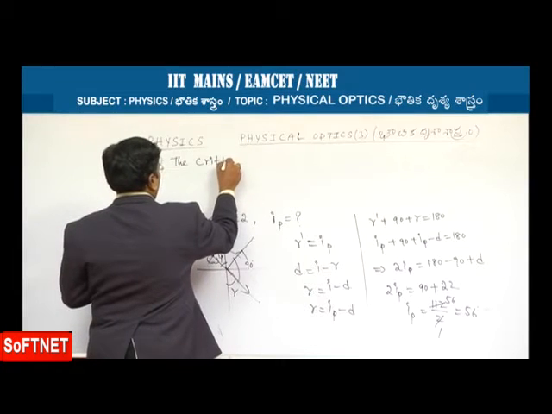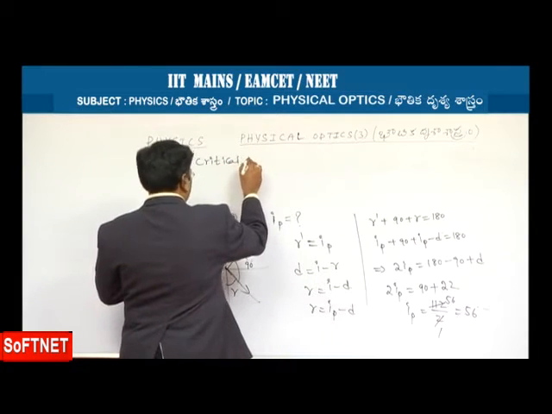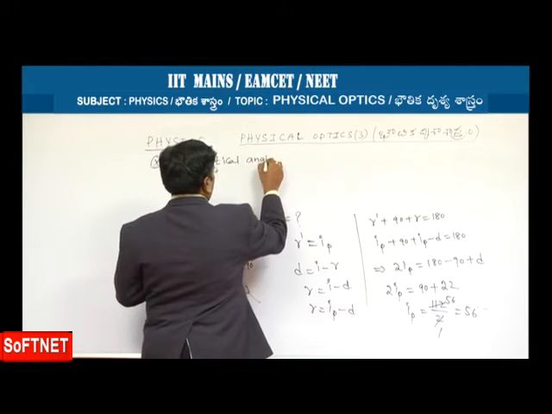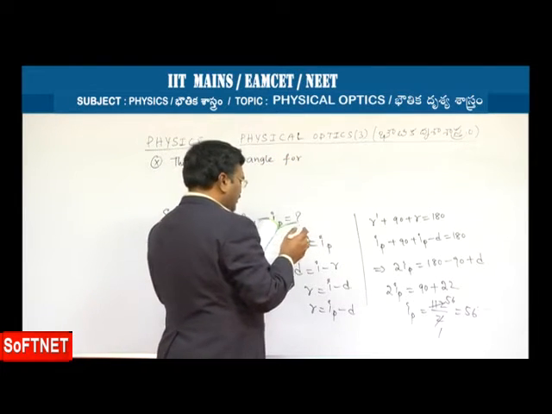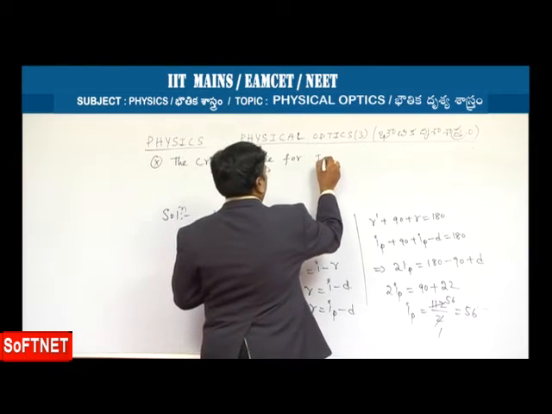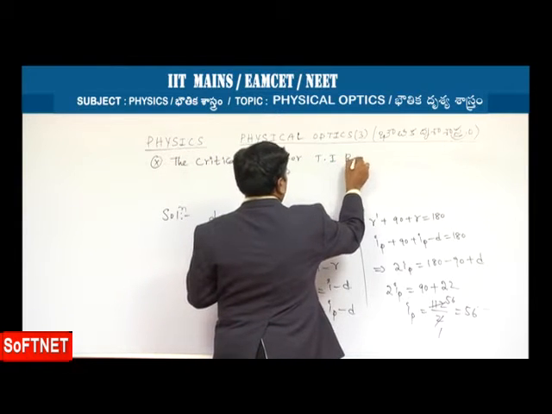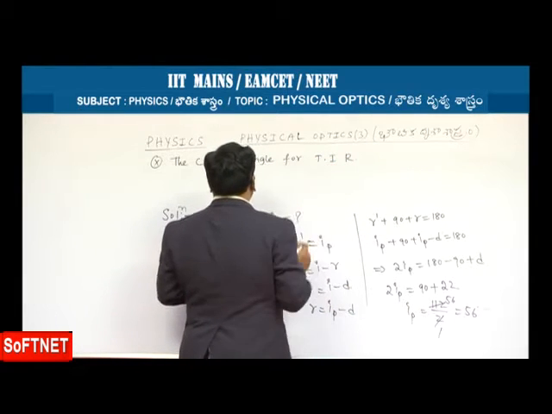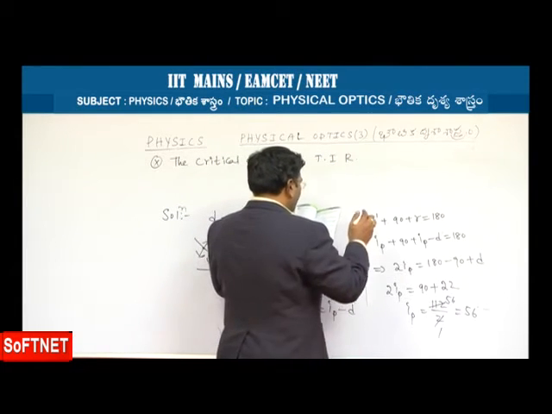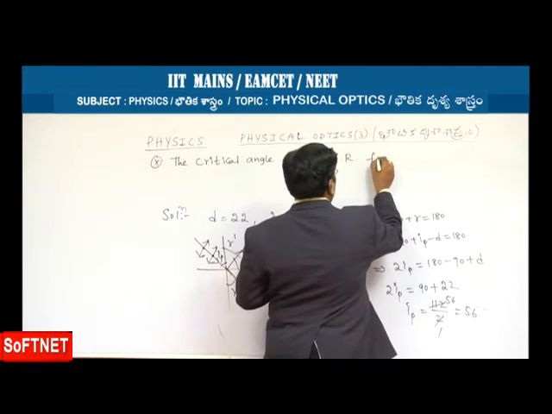The critical angle for total internal reflection for a substance is 45 degrees.